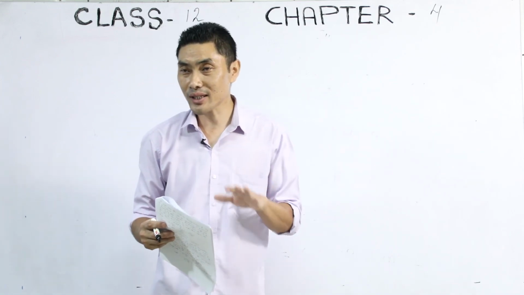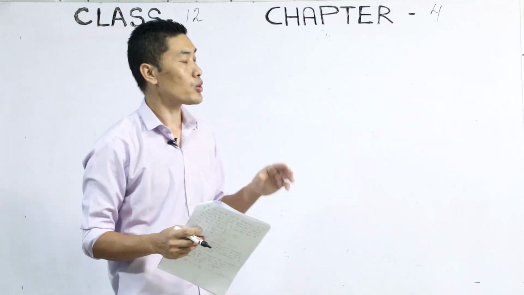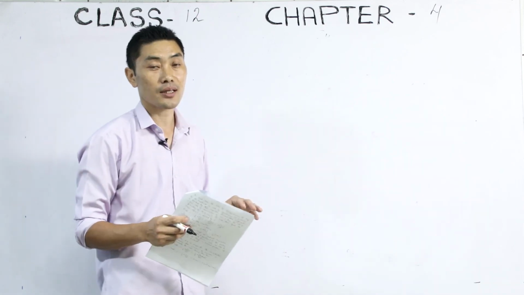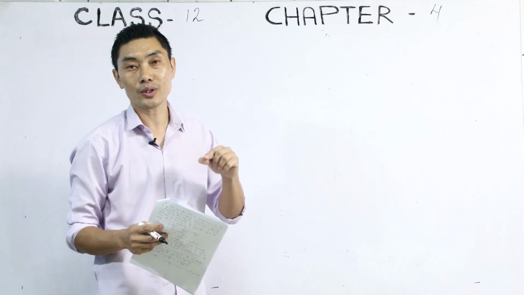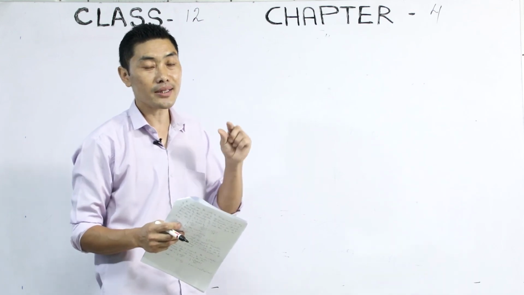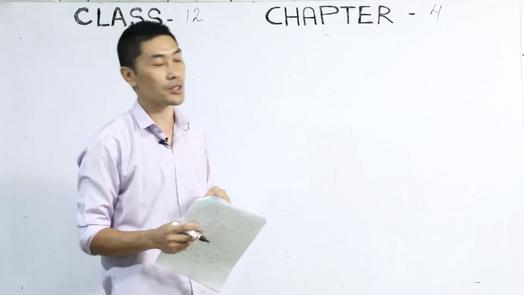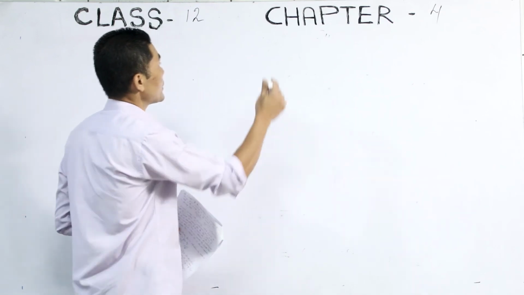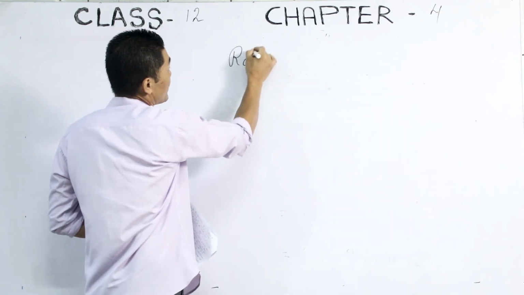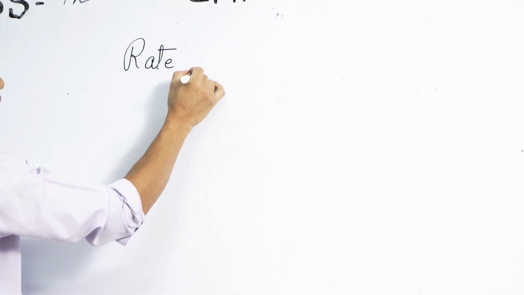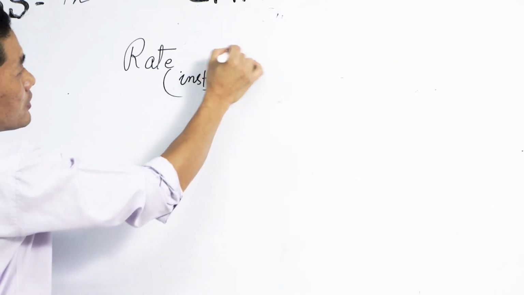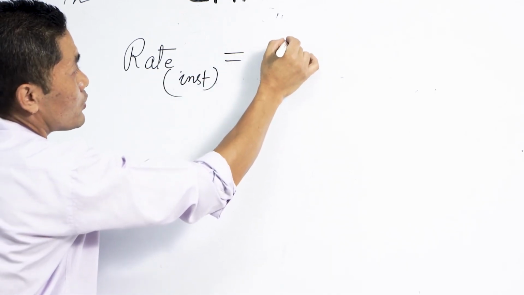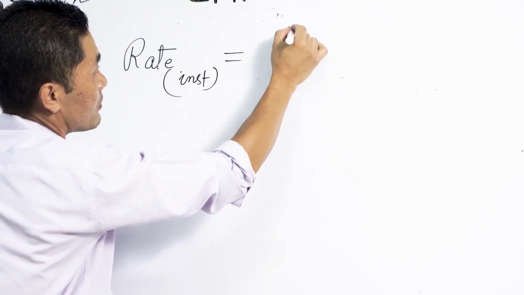Now this instantaneous rate can be obtained when we consider the average rate at a very small change in time, or when Δt, the change in time, approaches 0. So for writing the instantaneous rate, instead of delta, we use the sign d.